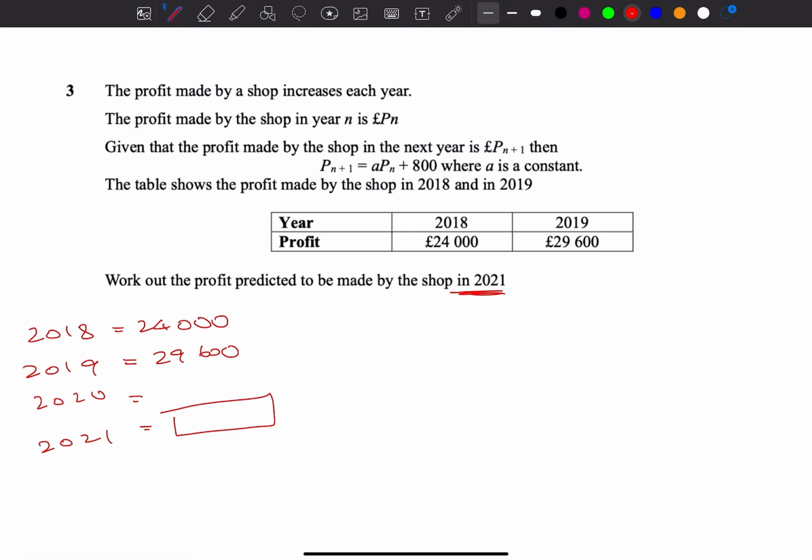As the equation is Pn+1 equals A Pn plus 800. You don't worry about this. Remember, what number would you start with?